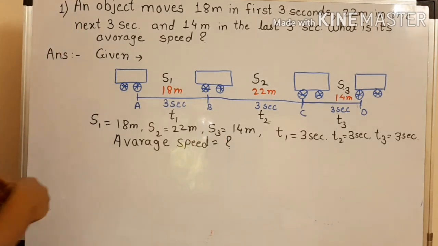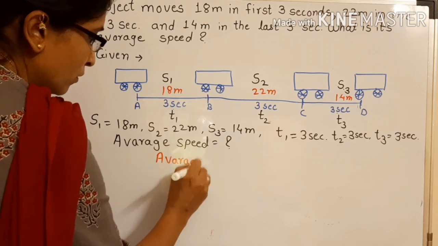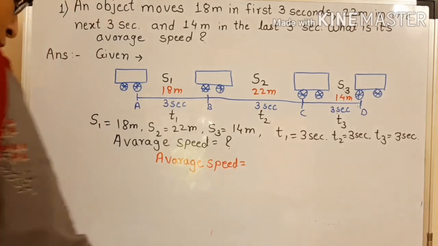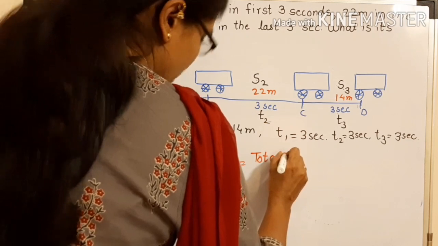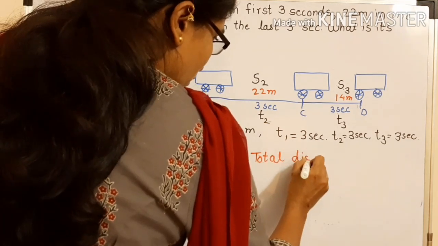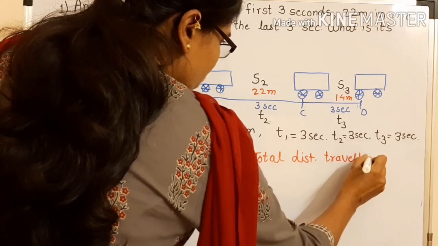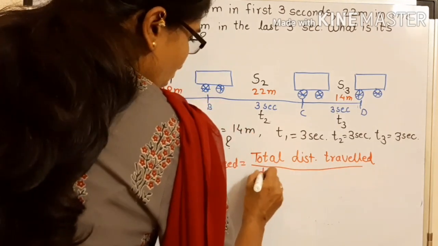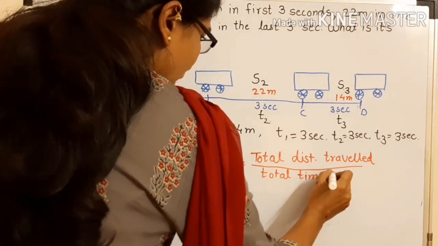After that, we write the formula for finding average speed. The formula is average speed is equal to total distance traveled divided by total time taken.